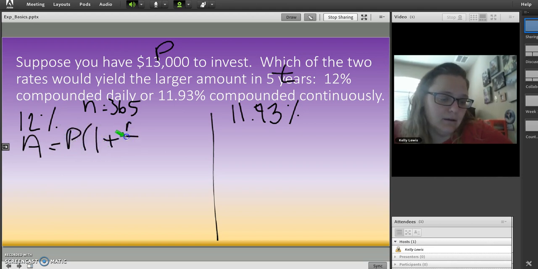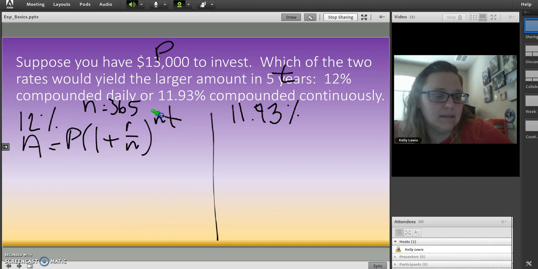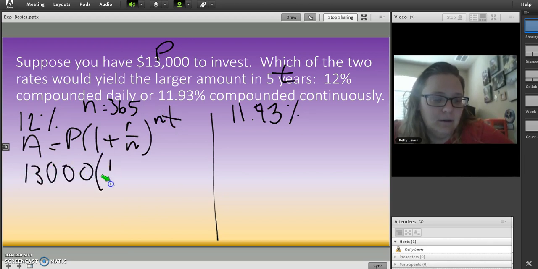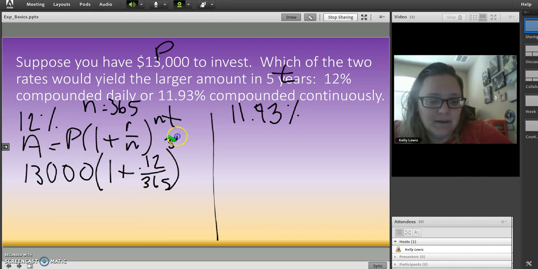Here we're going to use P(1 plus R over N) to the NT. So we have 13,000, 1 plus the rate. Instead of 12%, I'm going to put 0.12. The number of times is 365. And then we're going to do 365 times 5 years. I'm going to type that on my calculator: 13,000, parentheses, 1 plus 0.12 divided by 365, close my parentheses.